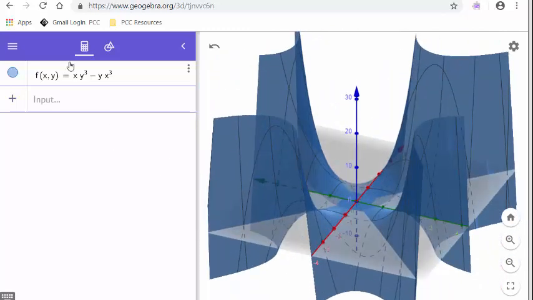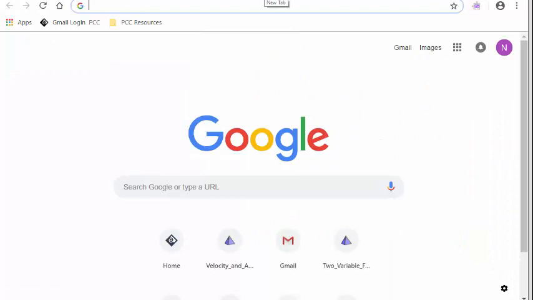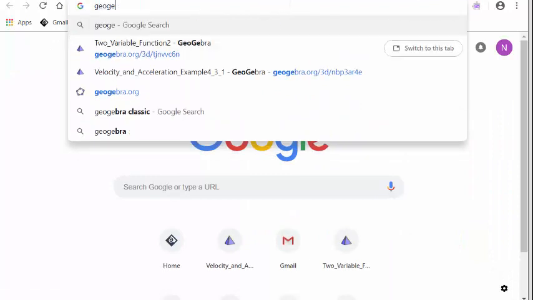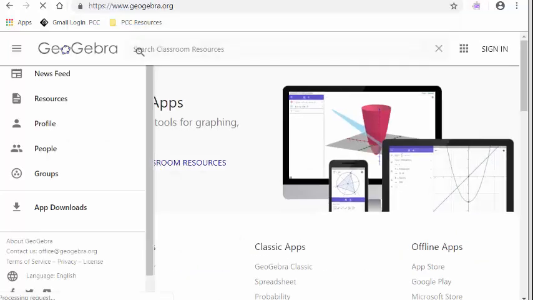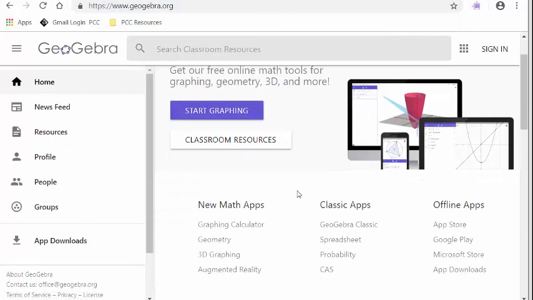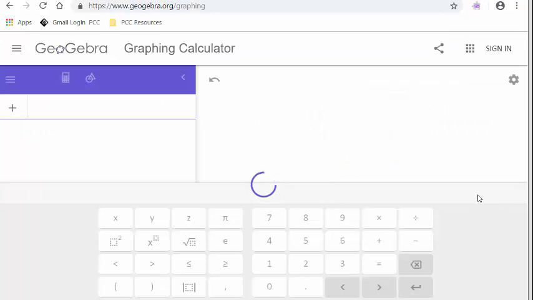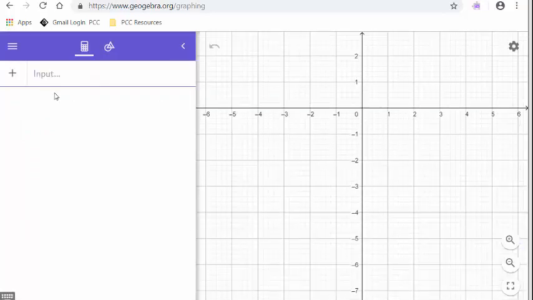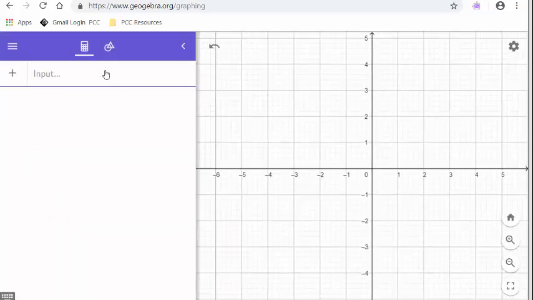So if we want to do our contour graph, I'm going to go ahead and open up a new, just basic graphing calculator in GeoGebra. I just type on my keyboard, so I want to close that.